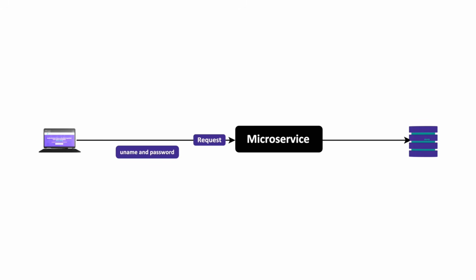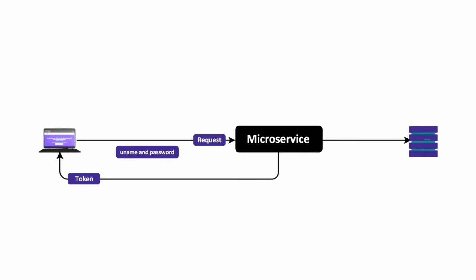That JWT concept we will discuss in detail also. But let's say some token. So if the username and password are correct, then some token will be sent to the user, and the next time that token can be used to call the service again, and then in the microservice we will have a logic to validate the token and give the response.